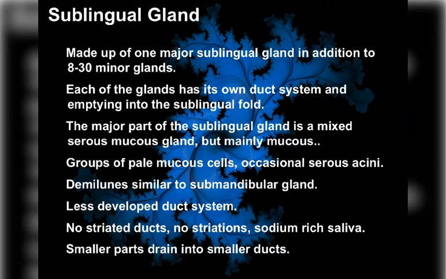Then the minor collecting ducts pour into, again, minor collecting ducts, but they are called interlobular minor collecting ducts. Then the interlobular minor collecting ducts pour into major collecting ducts. Then the major collecting ducts empty into the oral cavity.